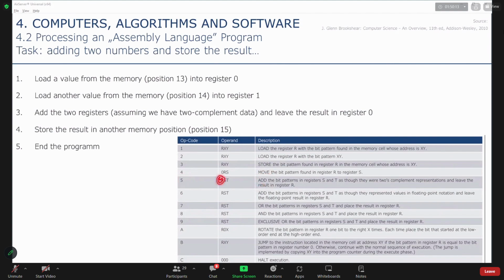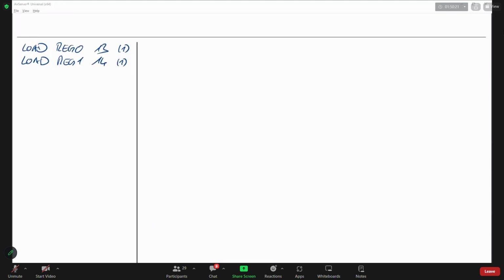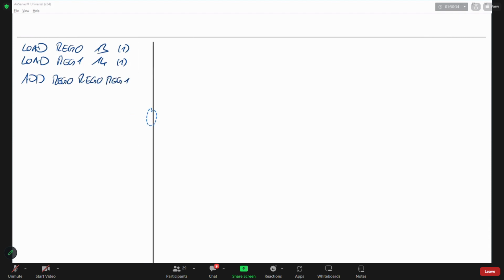Then we have where we are leaving the result and the two values that we are adding. So we have here add, save in register 0, and save there the sum of register 0 and register 1. That's the command 5.